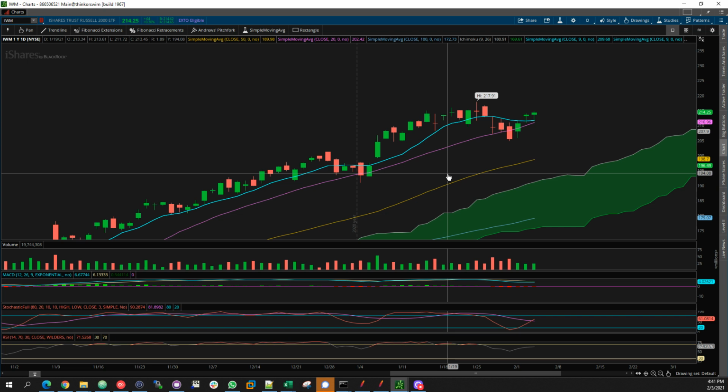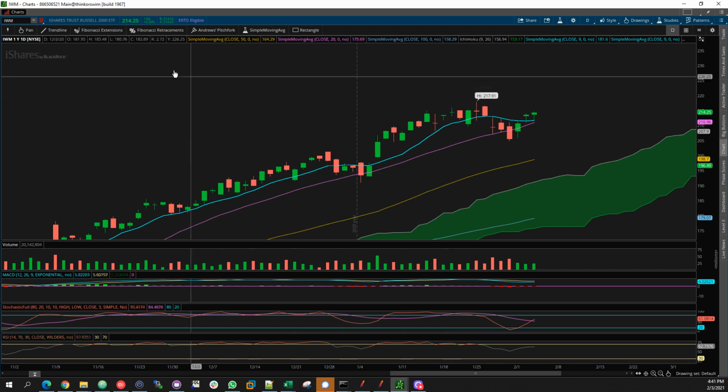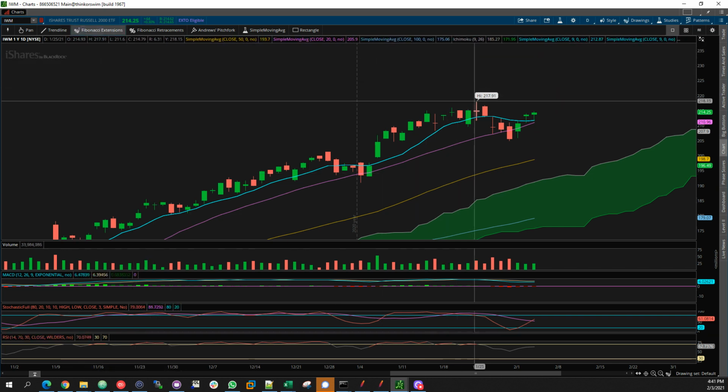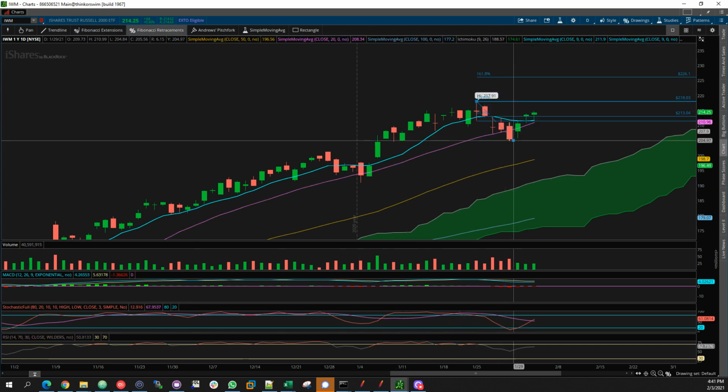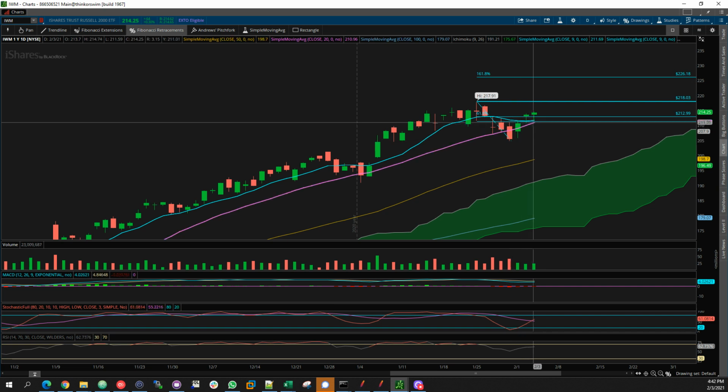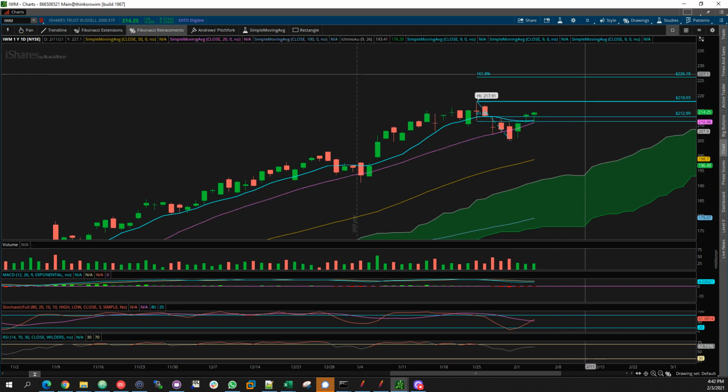That setting is also helping Russell do its thing, but I think this is bullish. So just from taking a look at the names of SPY, QQQ, and Russell, I think Russell looks more bullish. It broke above the 61.8. This is definitely going to 226.